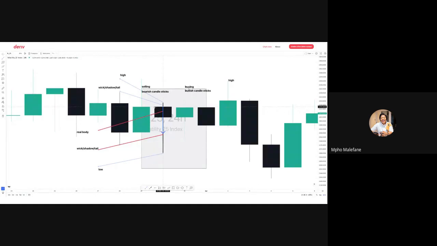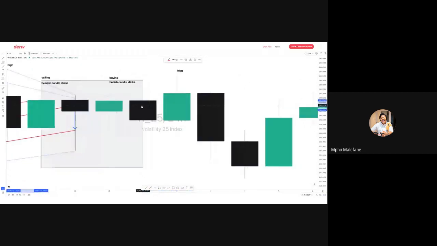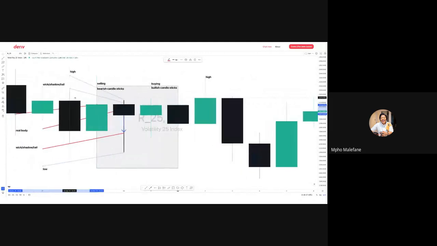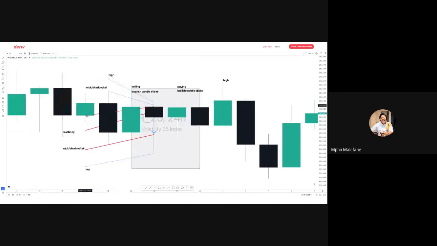This particular point here, the beginning of this body, will be the opening position.